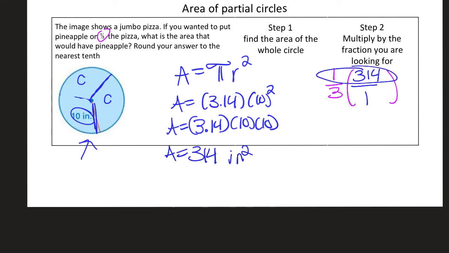Then I just multiply top times top, and I get 314 divided by 3 times 1 is 3. Get 104.667. Okay, and I need to round to the nearest tenth.